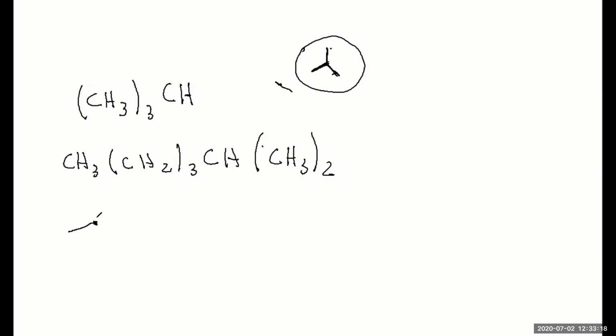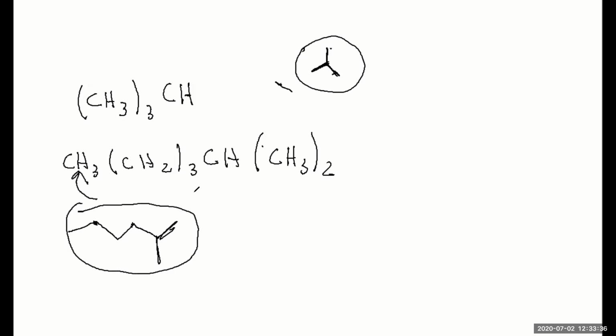So we've got 1, 2, 3 here. Then we've got this carbon here, CH, but then that's bonded to 2 methyl groups. So that looks like that. So this is the condensed structural formula for that. Okay?